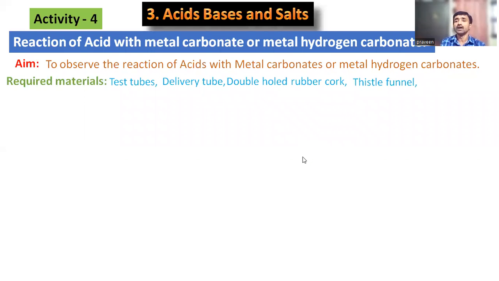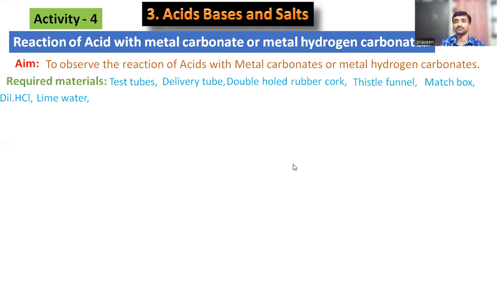So here I need a matchbox or a candle, whichever is available. Then you need a few more materials. Acid, right? Because we are observing the reaction of acid with the metal carbonate or metal hydrogen carbonate. So I selected HCl. Then I need lime water.